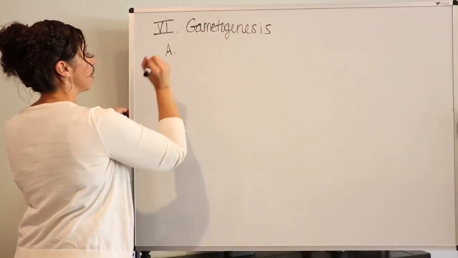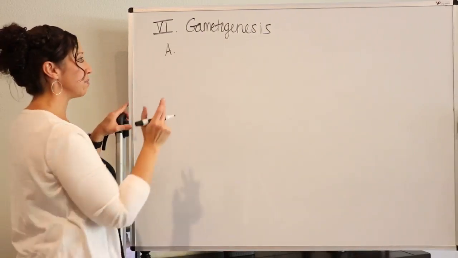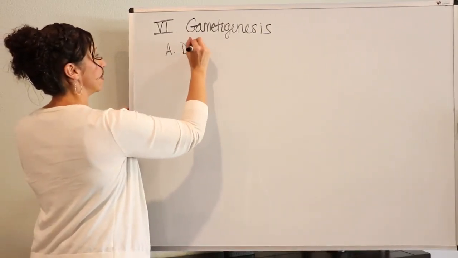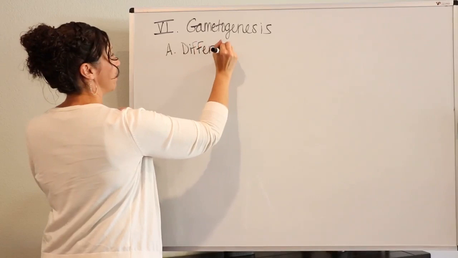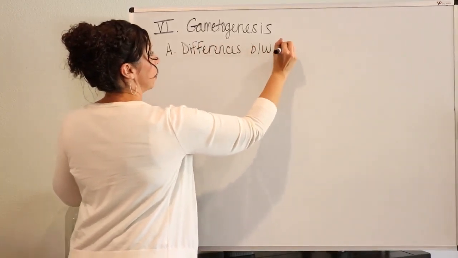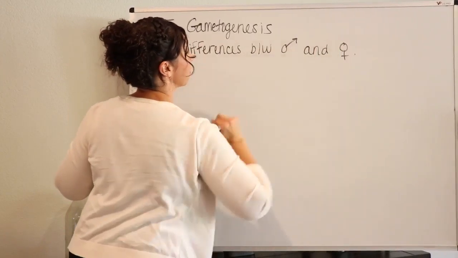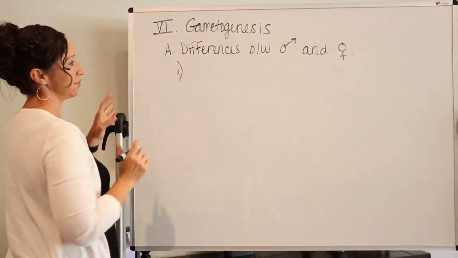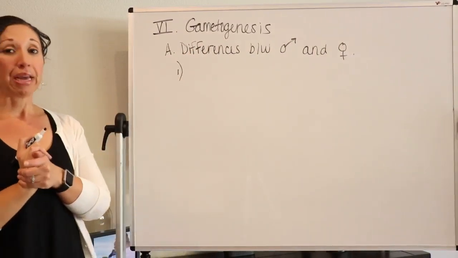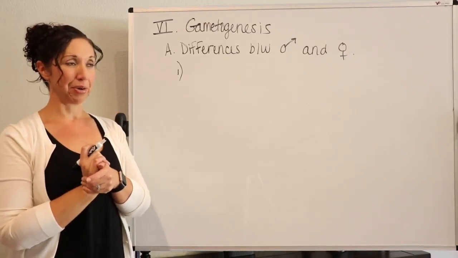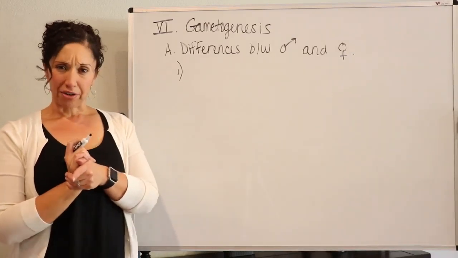So let's just talk about the differences between females and males. So differences when it comes to meiosis, between male and female. The first thing we got to know about is that there's many things different, but one of the big things that are different.